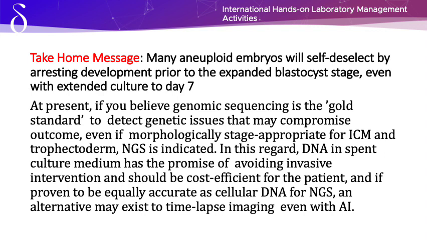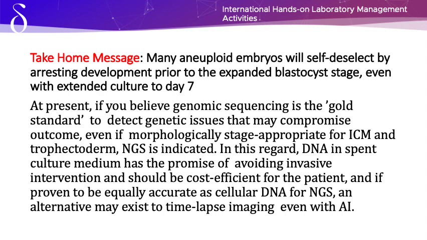It's the ones that keep going that have characteristics that may be indicative of normality, both at the ICM and trophectoderm level, obtained by just operator inspection or by time-lapse with the presence or absence of assistance with artificial intelligence data that you're concerned about.